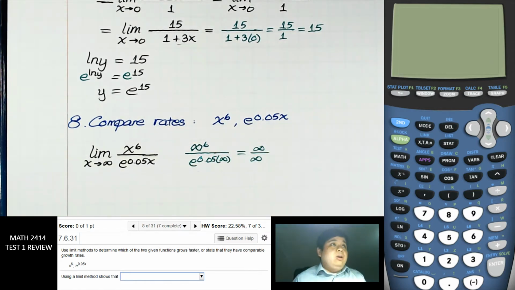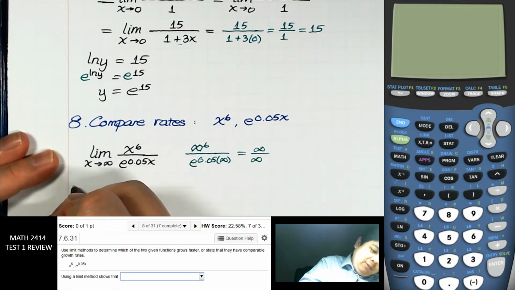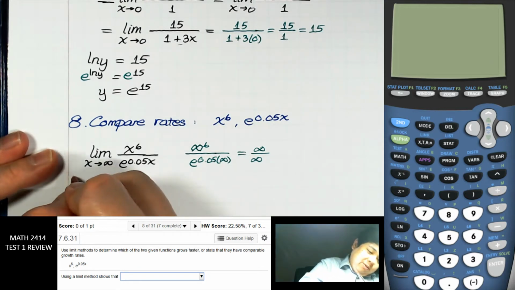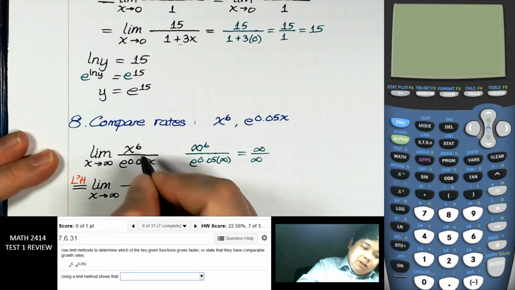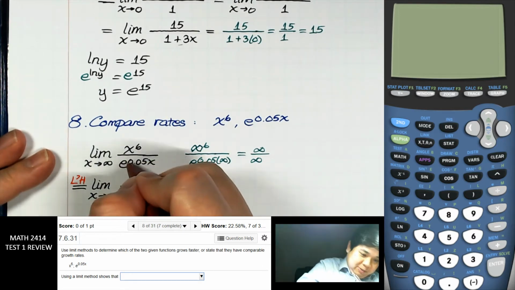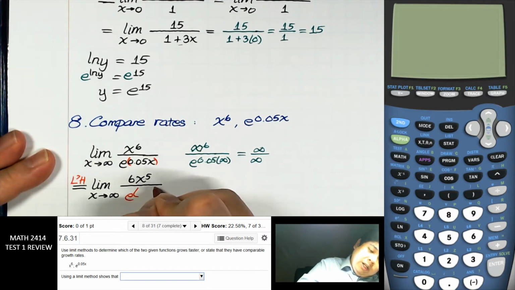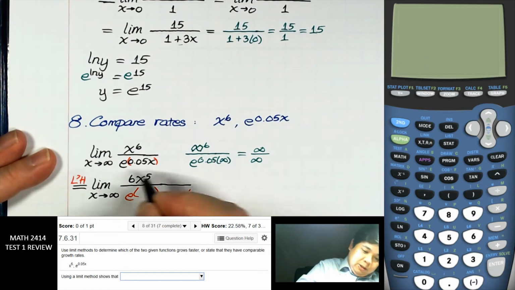And that is indeterminate, so we have to use L'Hopital's rule. Using L'Hopital's rule, take the derivative of the top, 6x to the 5th, and then the derivative of this: e to something, and the derivative of that something, 0.05x.